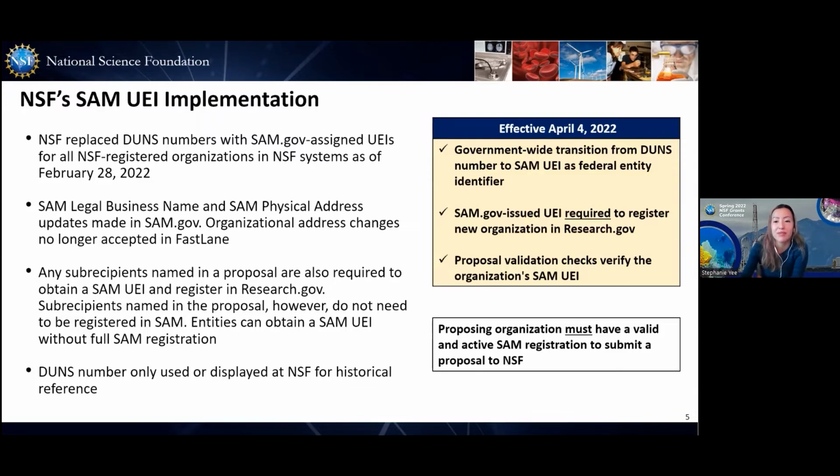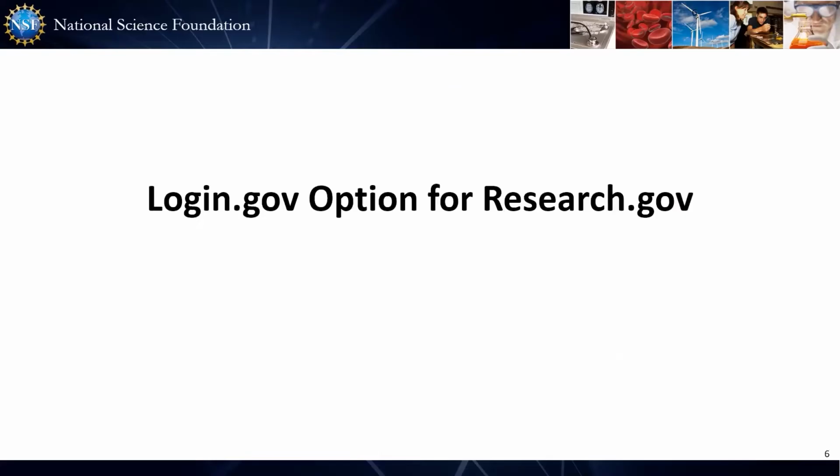And you must have a valid and active SAM registration. And I want to also mention that we are aware of delays on SAM.gov renewals. They are taking a little longer than usual. So please, if you are up for renewal, please take steps to do that well in advance before that expires.